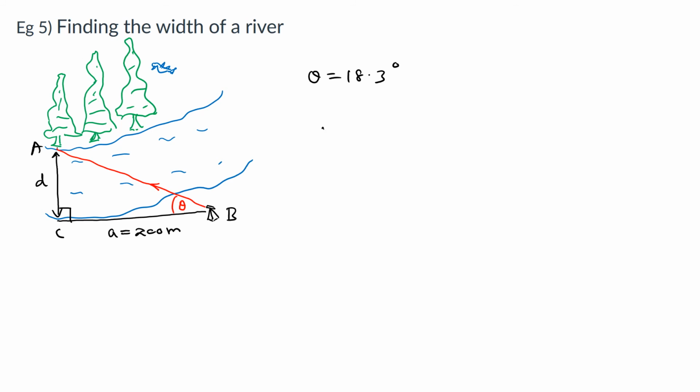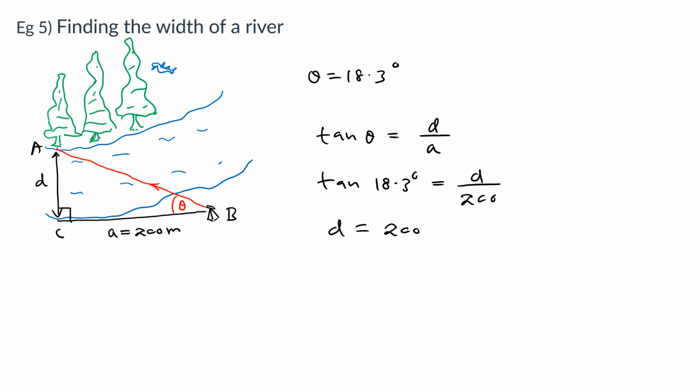So tan theta is D over A. So if you plug in the values, this is tan 18.3 equals D over A. D is the width that we need to find. A is 200 meters. And then again, using cross multiplication, you can see D is 200 times tan 18.3.